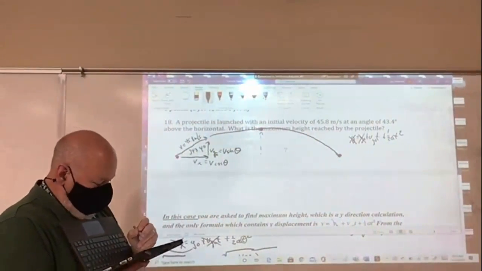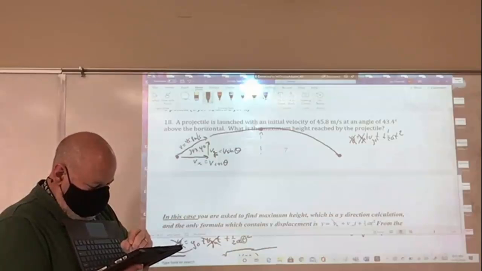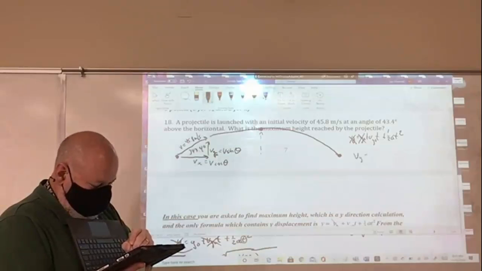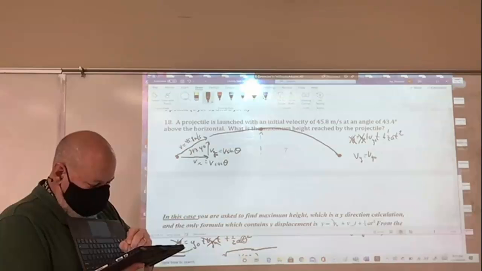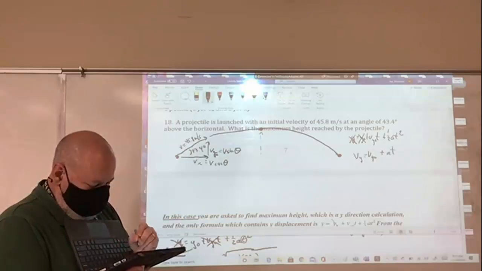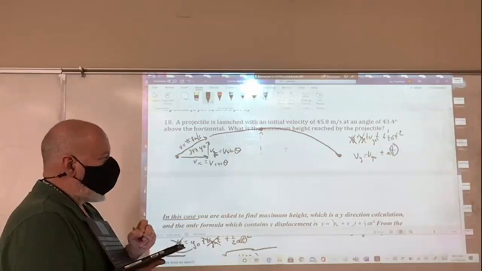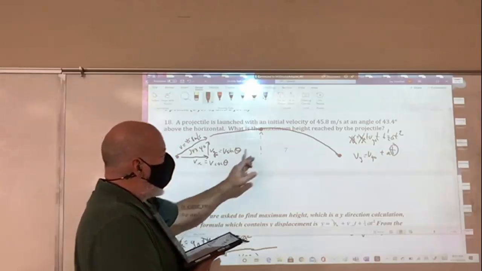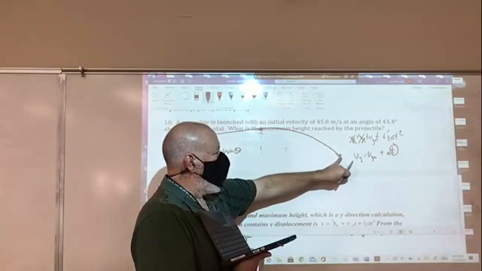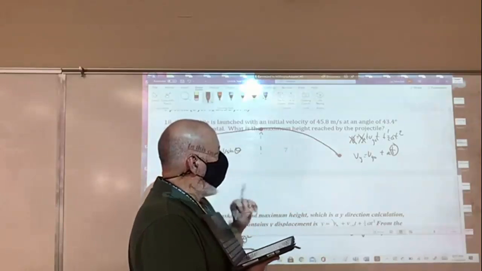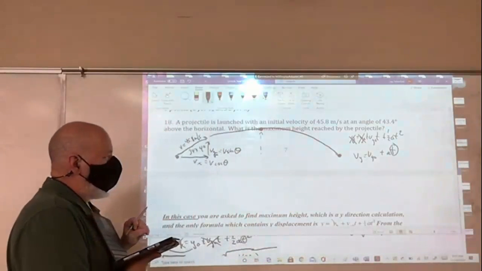So I'm going to have to use Vy equals Vy0 plus acceleration times time and find time. This is different than finding the time of the whole flight.